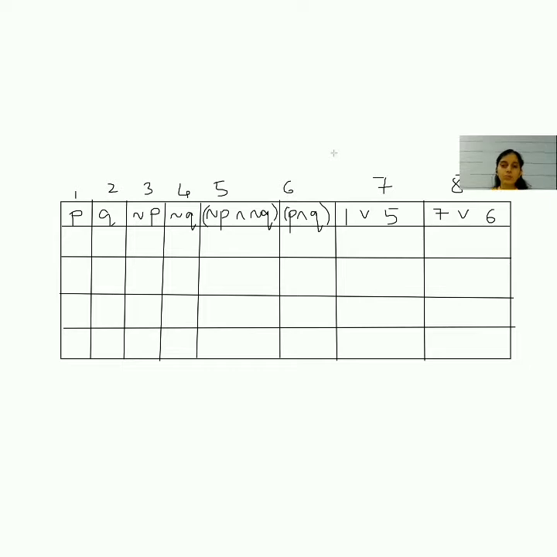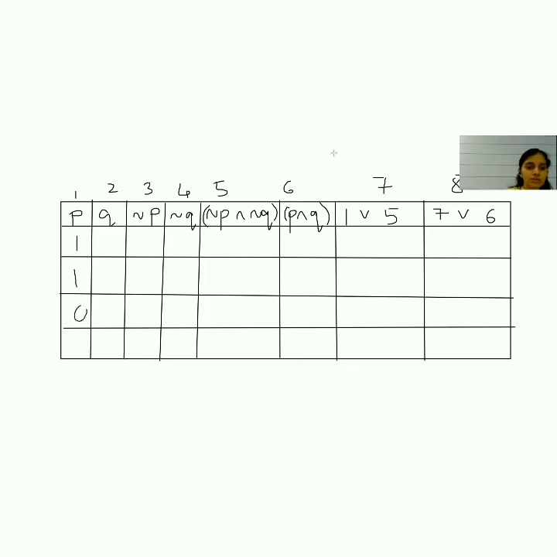I've just written the numbers because it's a small space. So 1 or 5, that is P or negation P and negation Q, and then the 7th column ORed with the 6th column. Let us begin.